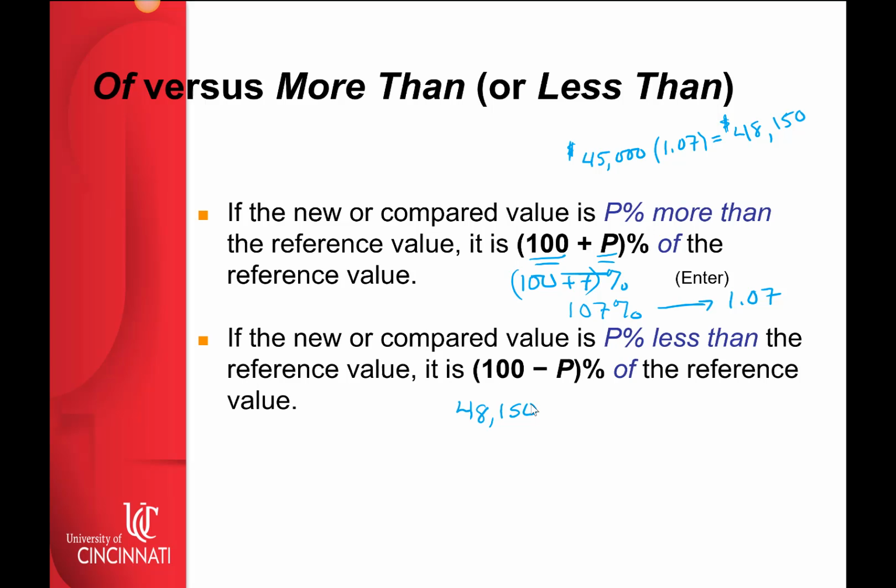So if we were to try that same maneuver here, with it being less than, it would now be 100 minus 7, which would give 93%, which as a decimal is going to be 0.93.